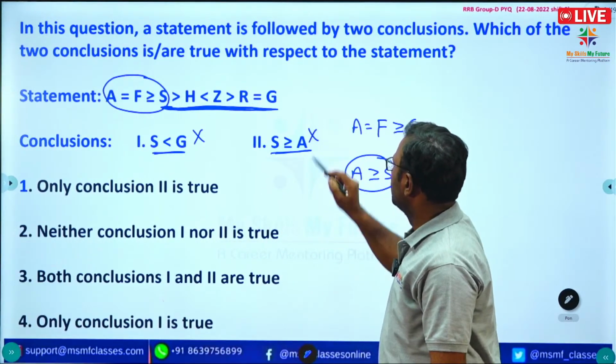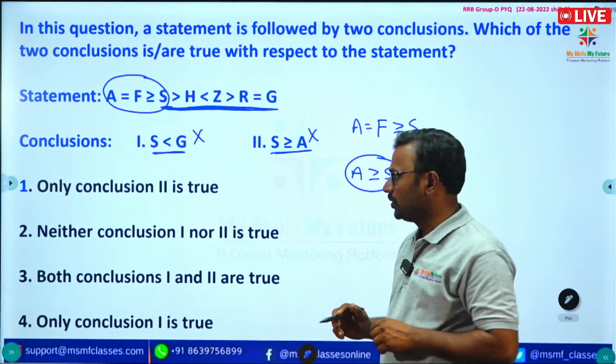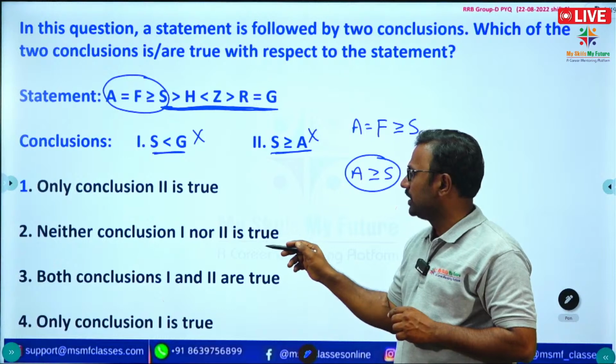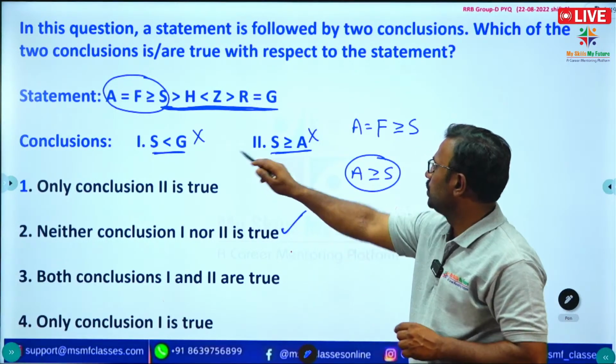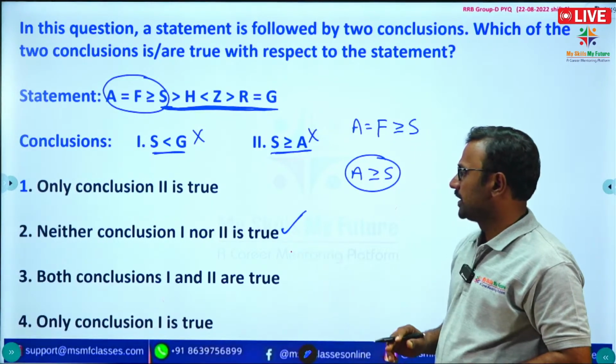Option 1, only 2 is true: no. Option 2, neither conclusion 1 nor conclusion 2 is true. So, these two are wrong conclusions, and option 2 is correct.